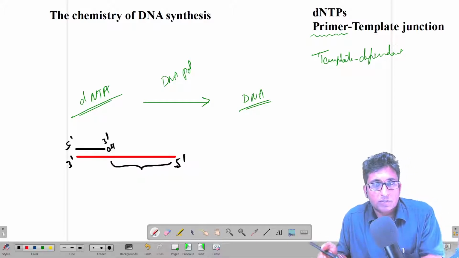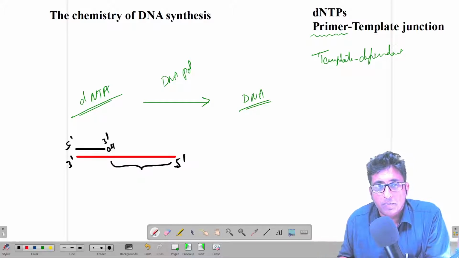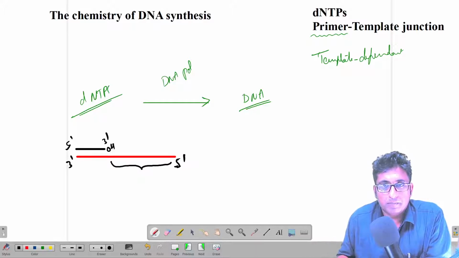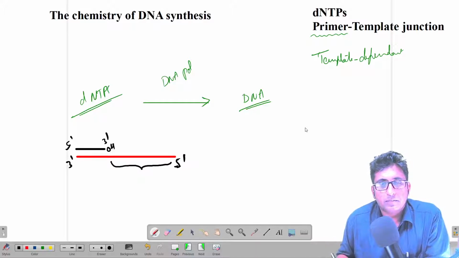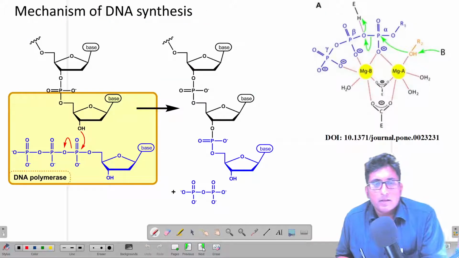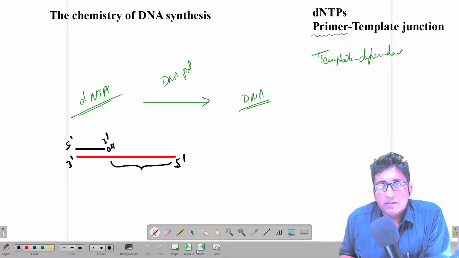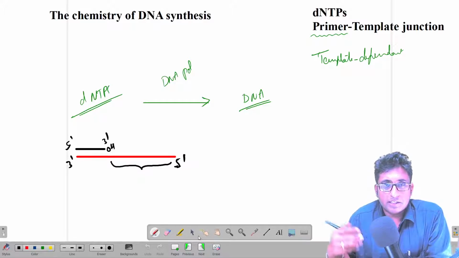That is one of the reasons why the primer-template junction is essential for DNA polymerase to act upon. It is template dependent. At this point we are only looking at the chemistry of how things happen, and the enzymology and how actual replication happens will be in the following videos.